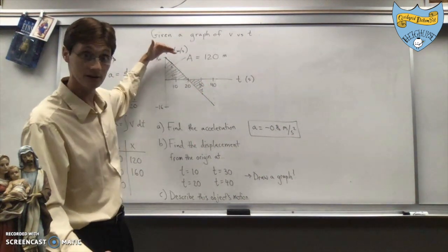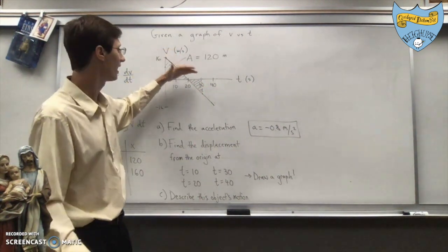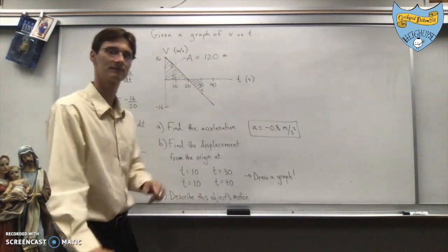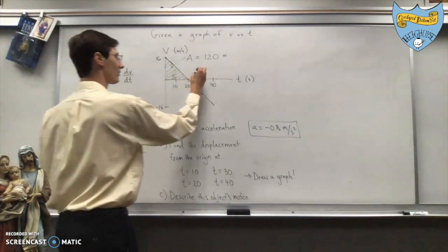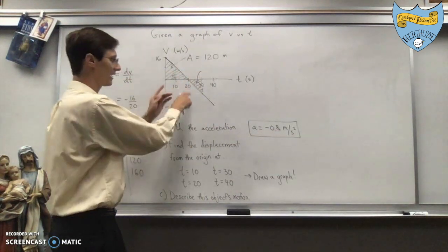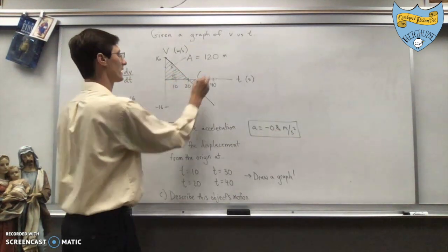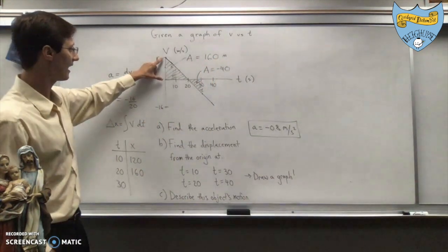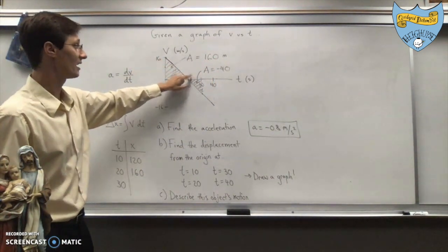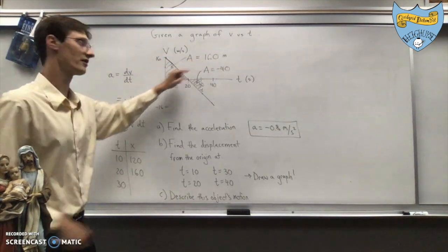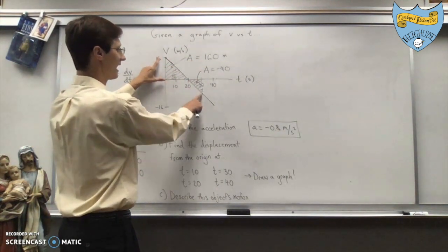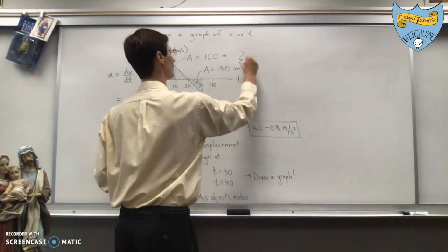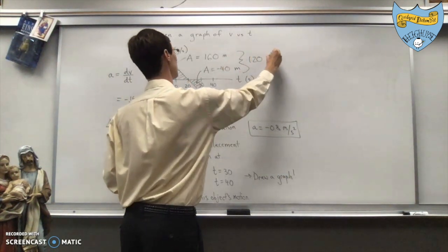Area above the x-axis is positive, whereas area below the x-axis is negative. So this area right here, if you work it out, is negative 40. So that means that after 20 seconds, the object has traveled 160 meters, but after 30 seconds, the total of 160 and negative 40 is 120.